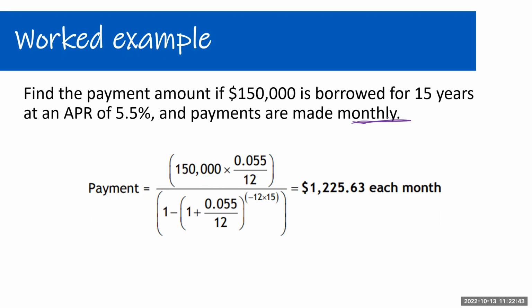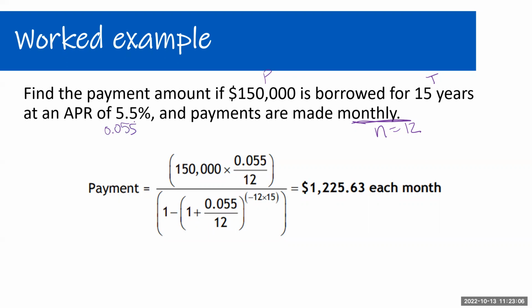So here, you know from monthly payments that N is 12. T is going to be your 15 years. $150,000 is going to be P, and your APR is going to be 0.055. Remember to put it as a decimal, okay?